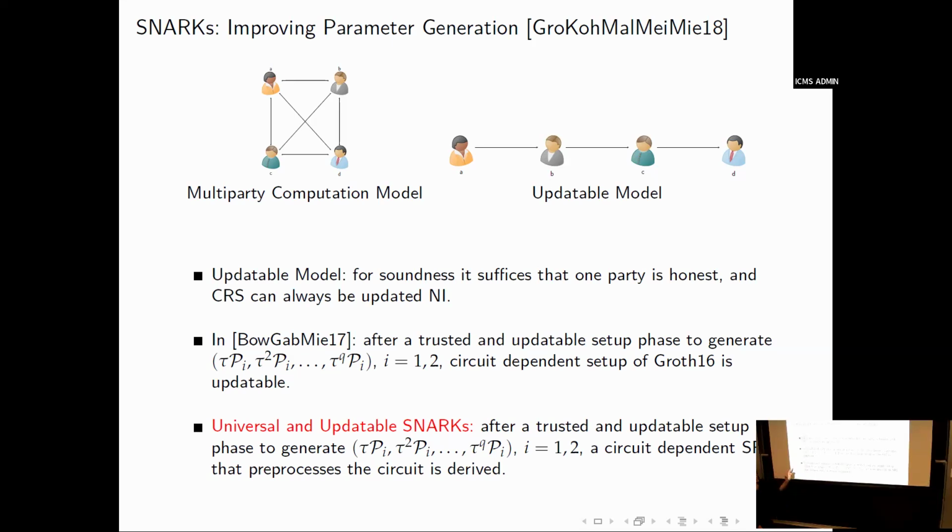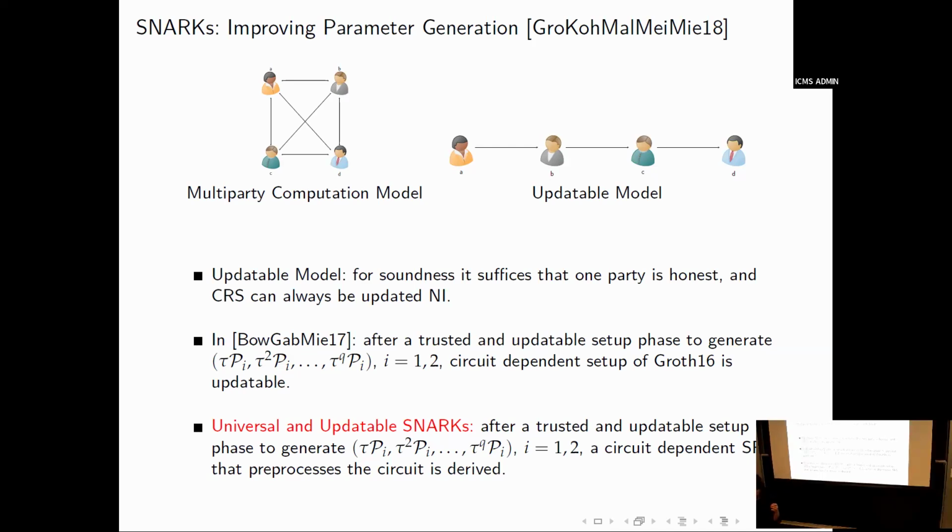Okay, and then the second thing is that these are universal. It means that the part that is trusted, the thing that you generate, is good for any circuit of a certain size. And this again is an example of what I said in the beginning. The constructions that we have for universal and updatable SNARKs, for instance Plonk and Marlin, have worse proofs.